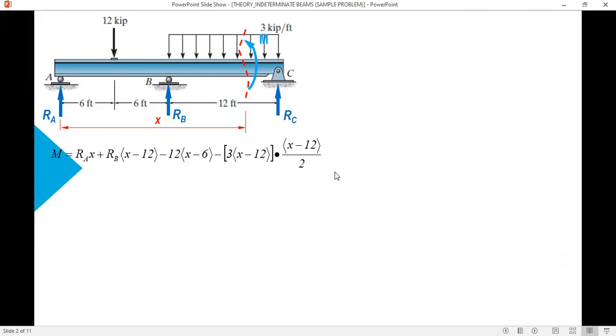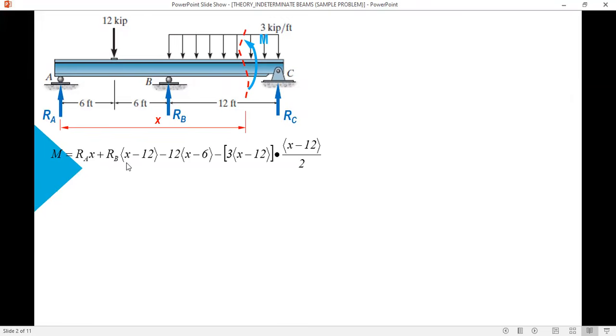But all of these terms we equate to 0. So if we transpose everything except M, their signs will be changed. RA is negative because it is clockwise, but when this one is transposed to the other side, it becomes positive, like this one. So it is already transposed. RA times X. For RB, the distance of RB to the cutting section is X minus 12.